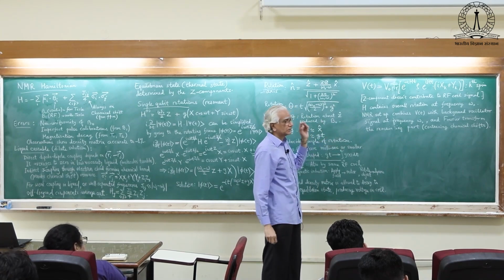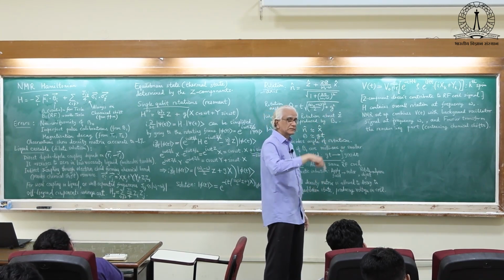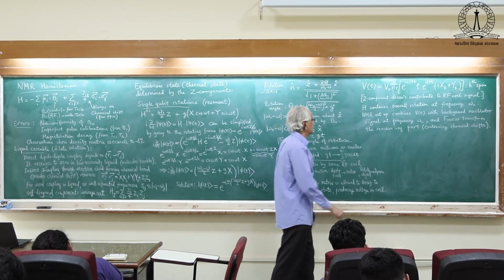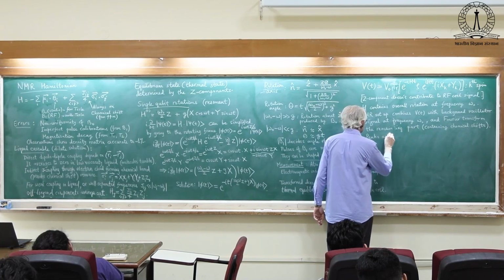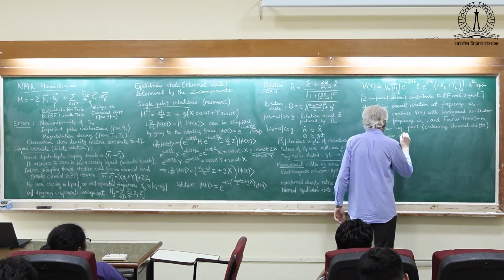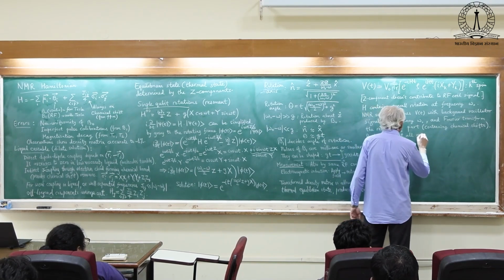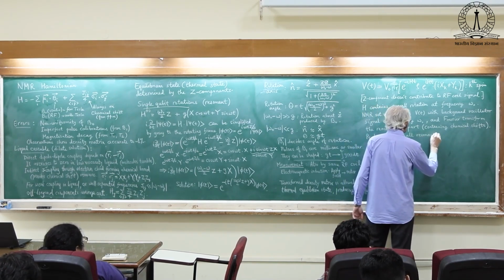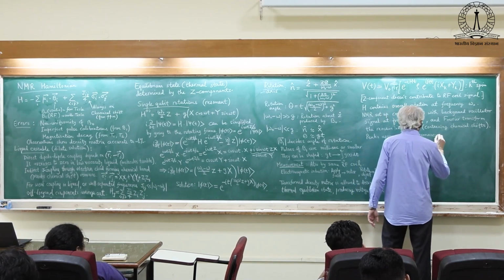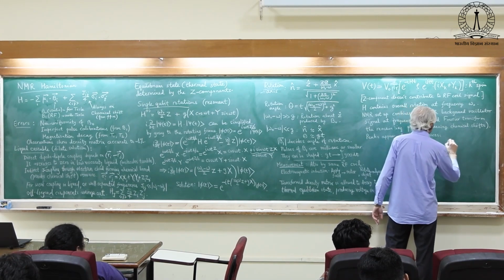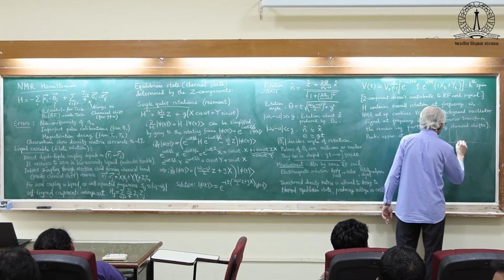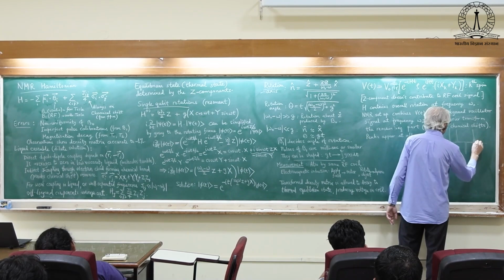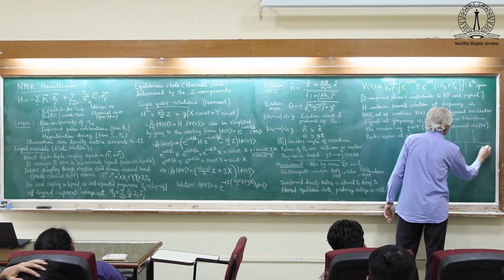And then what you see are all kind of peaks. So you will get a spectrum something like this.